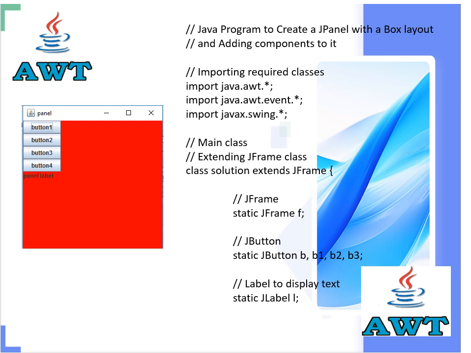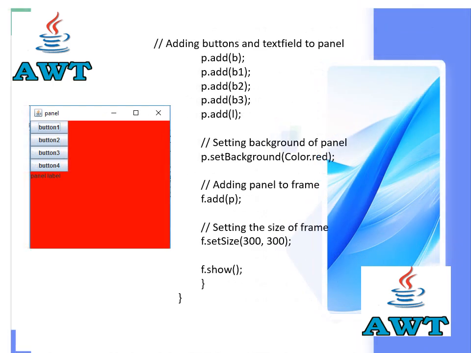Here the JFrame variable, the button variables and the label variable we have to declare as static. Here p.add is the method that helps to add the buttons into the panel. p.setBackground helps to change the panel color.